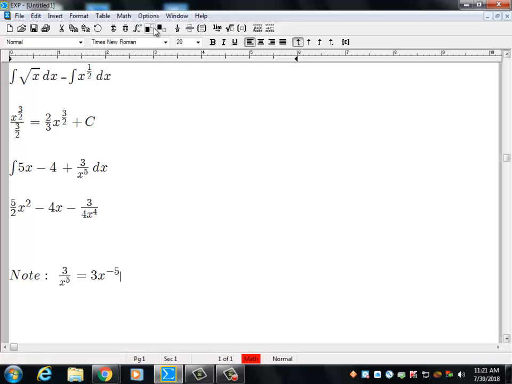Now the rule is what? The rule is add 1 and divide by that, yes? So the rule is take this, add 1, and then divide by whatever this exponent is.